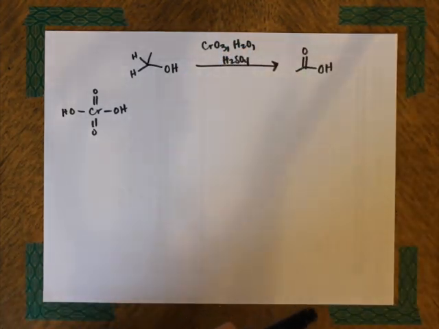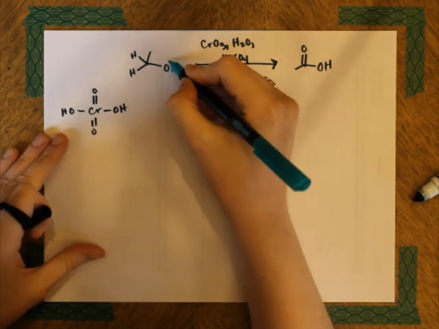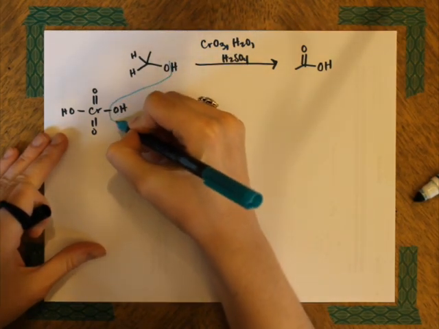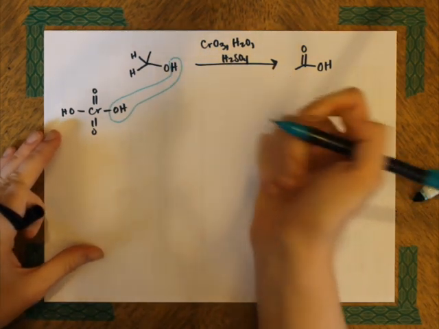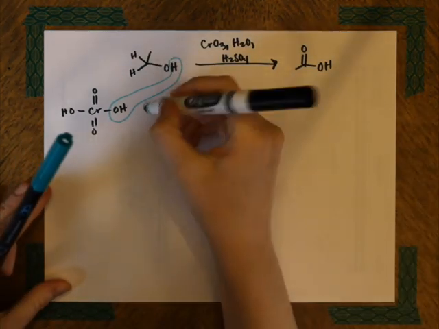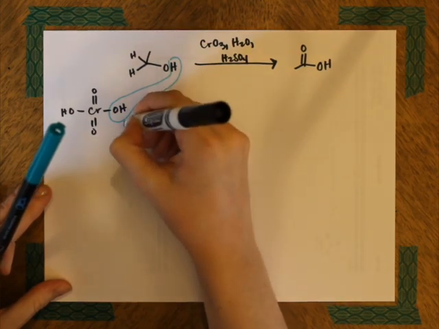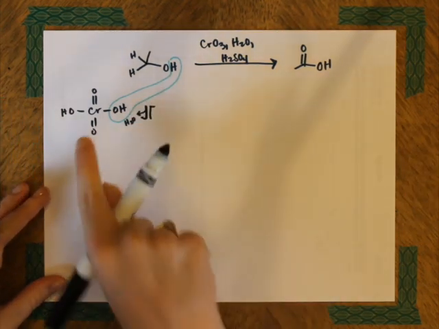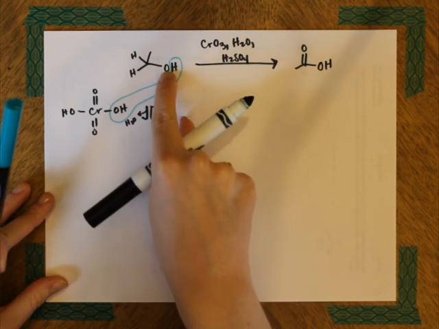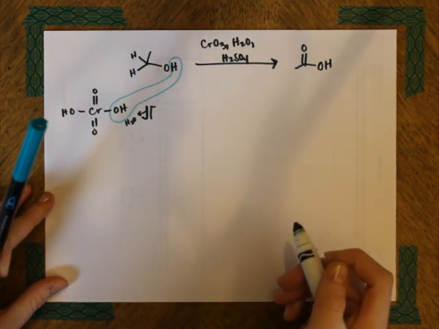What ends up happening is this hydrogen and this OH come together to make water. So water leaves, and this chromium and this oxygen become connected.